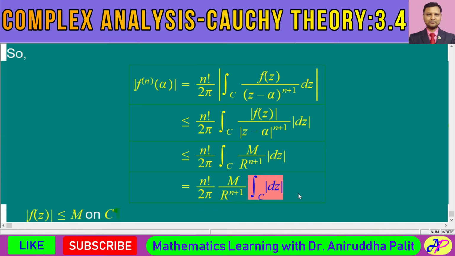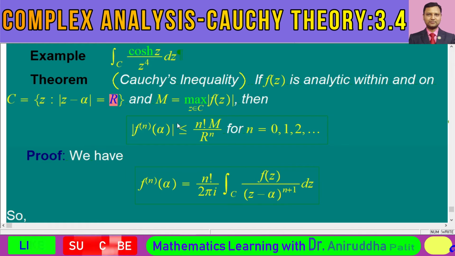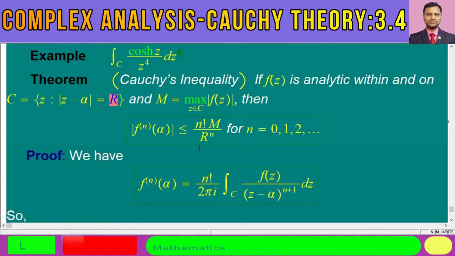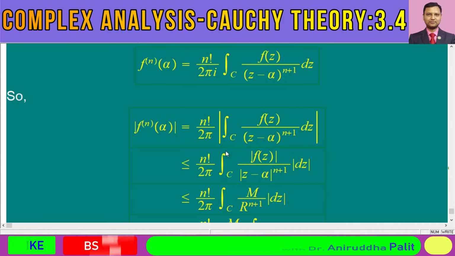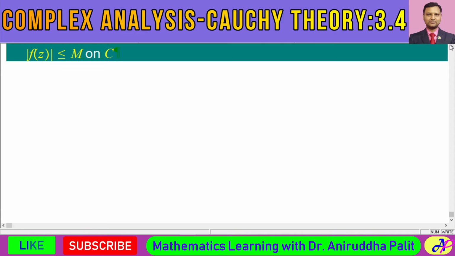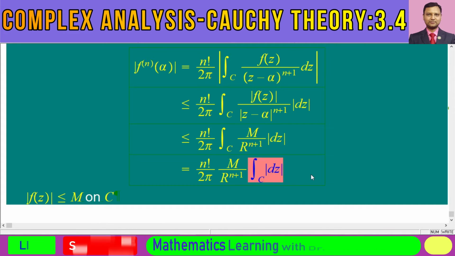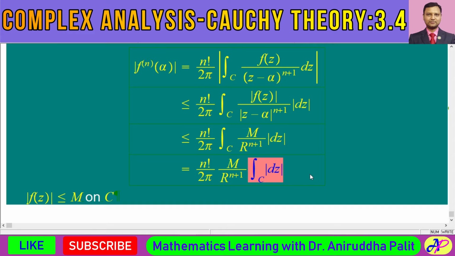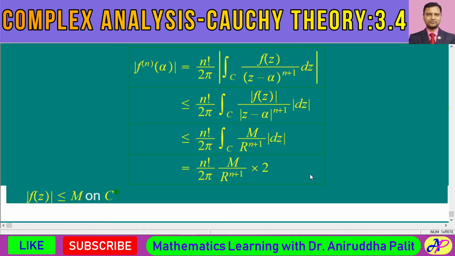So over here the curve C is actually a circle with radius r. Therefore its length, or the perimeter of that circle, is equal to twice pi r. So in this expression we can put twice pi r, and now let's make it simple.